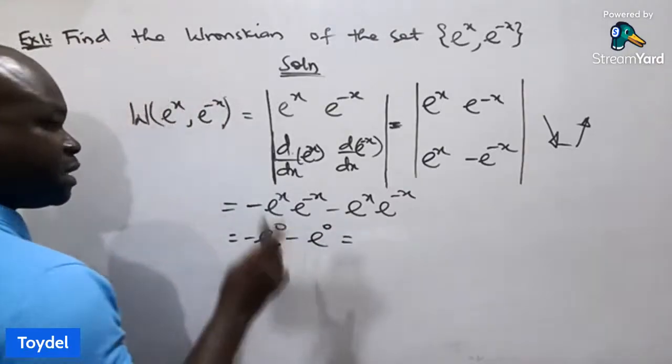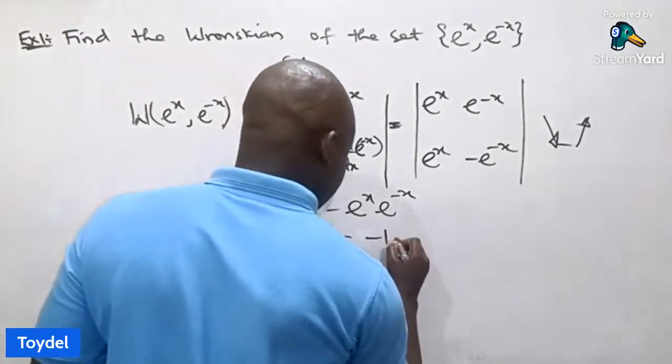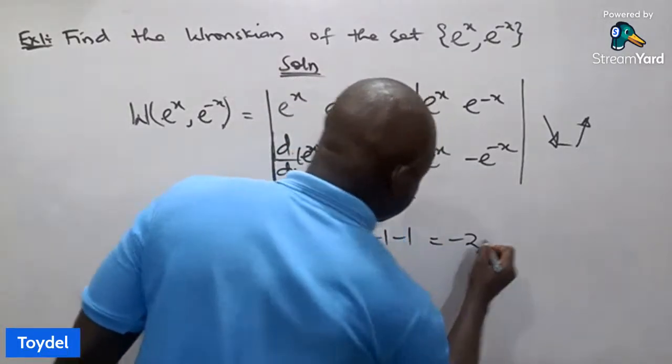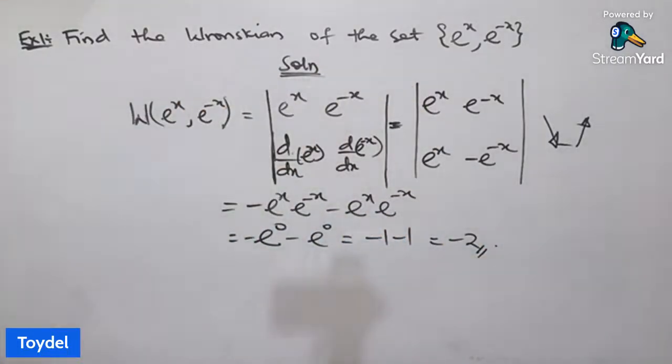That will be e raised to power 0 is 1. So we have minus 1 minus 1. At the end of the day, the final answer will be minus 2. So the Wronskian of that set is equal to minus 2.